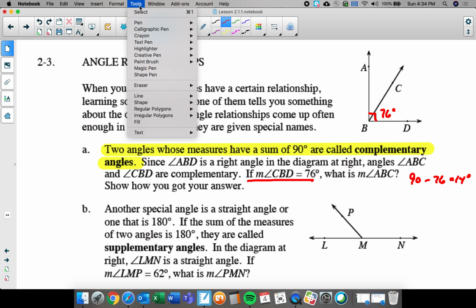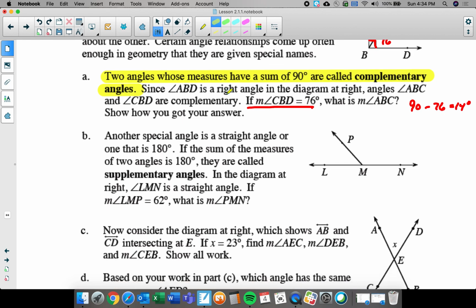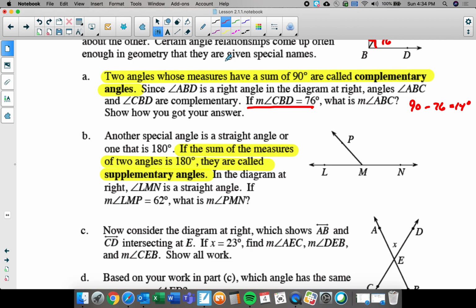If we then go to the next problem, now we take a look at supplementary angles. If the sum of the measures of two angles is 180, they are called supplementary angles. Same exact idea as in part A, except we're adding up to 180 instead of 90. They also said it's called a straight angle because it forms a straight line, and a line is always 180 degrees.